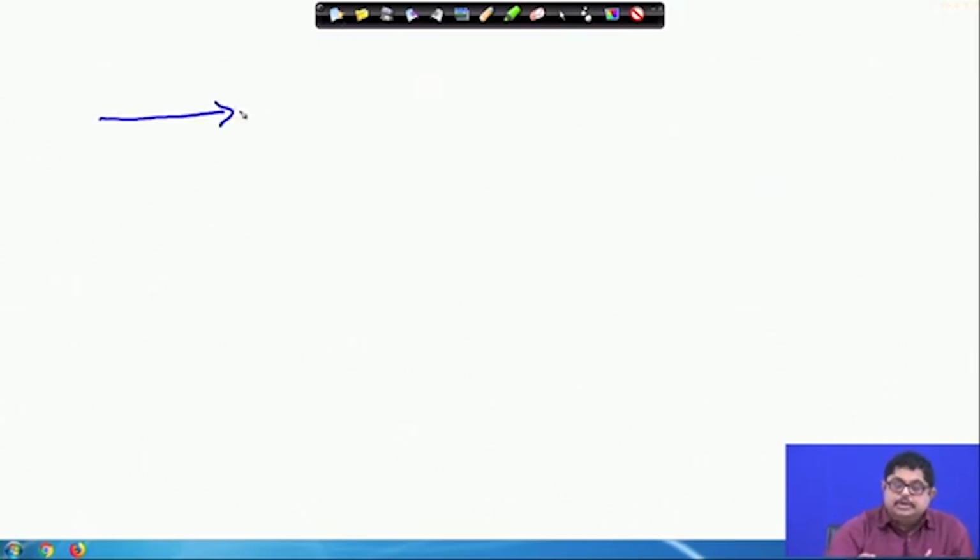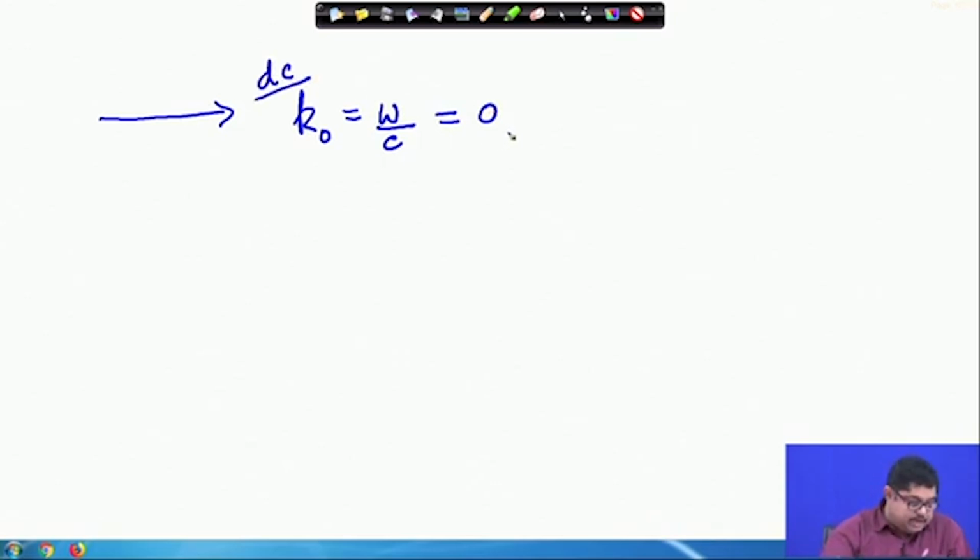First consider the magnetic field, look at your magnetic field expression, and what happens if I send a DC current. For DC current, k naught, we know it is omega by c. Now, for DC omega is 0, so k naught becomes 0.